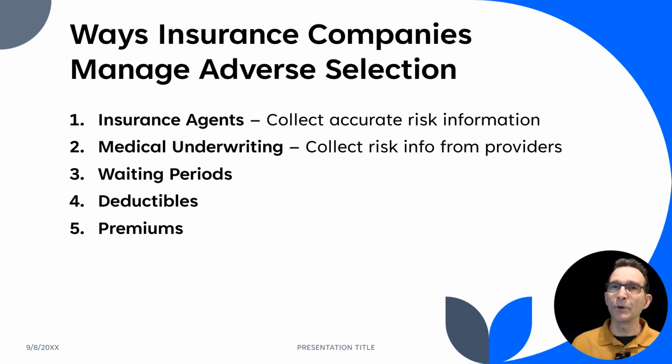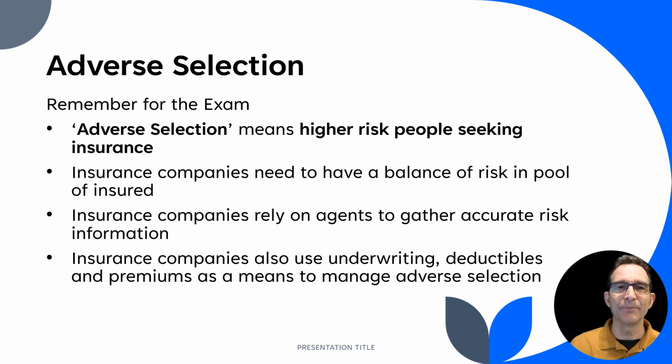Deductibles are also another way of the insurance company covering its costs and also adjusting the premiums, making those relative in certain situations to what that risk is that they're taking on. So those are at least 5 different ways that insurance companies can help manage this reality of adverse selection.